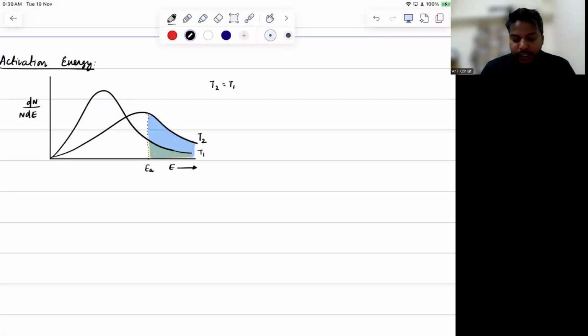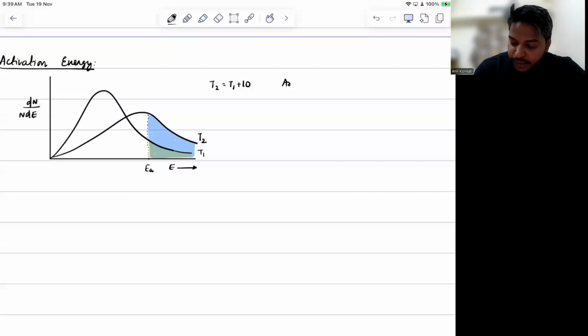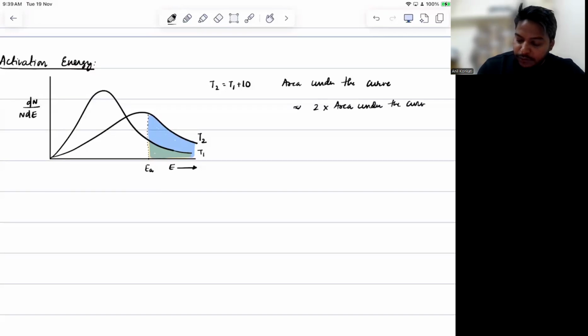Imagine if it is T1 plus 10, correct? Then how much will be this area of this shade? So then area under the curve has to be almost approximately 2 times area under the curve of T1. This is curve of T2, correct?